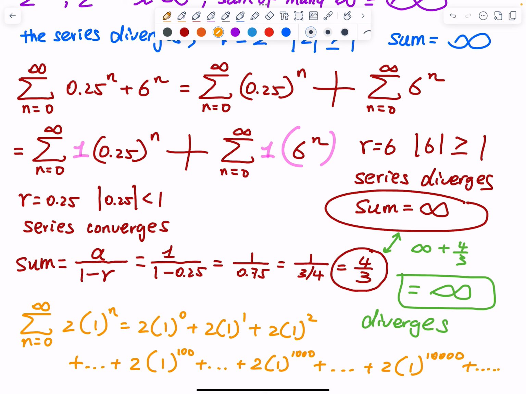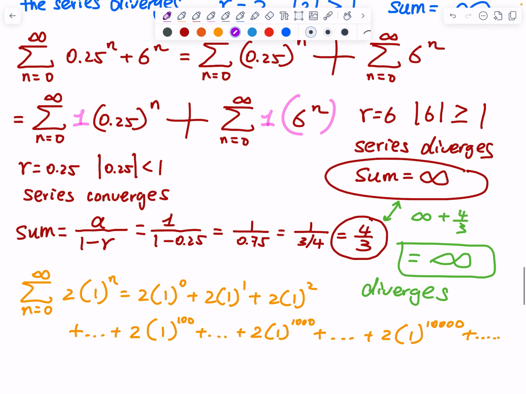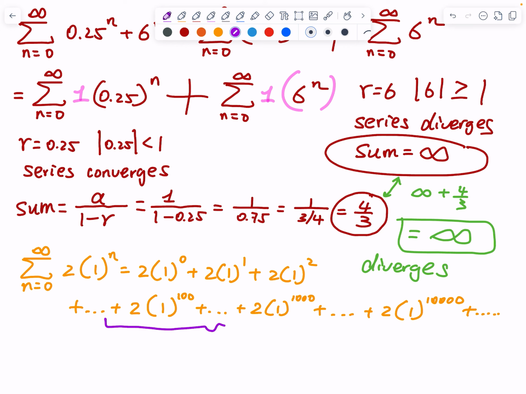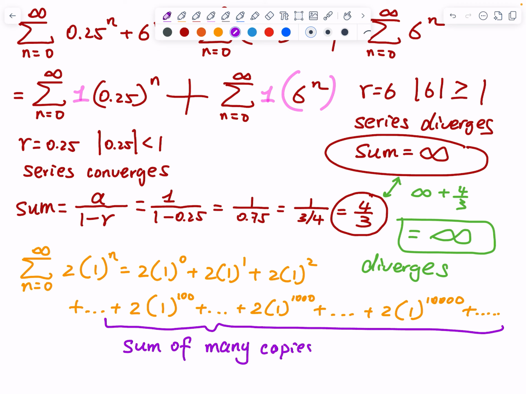Notice that 1 to a very high power is equal to 1, right? 1 raised to 1 million power, 1 times itself a million times, is still equal to 1. So this one will be the sum of many copies of 2 times 1, the sum of many copies of 2, infinitely many of them.